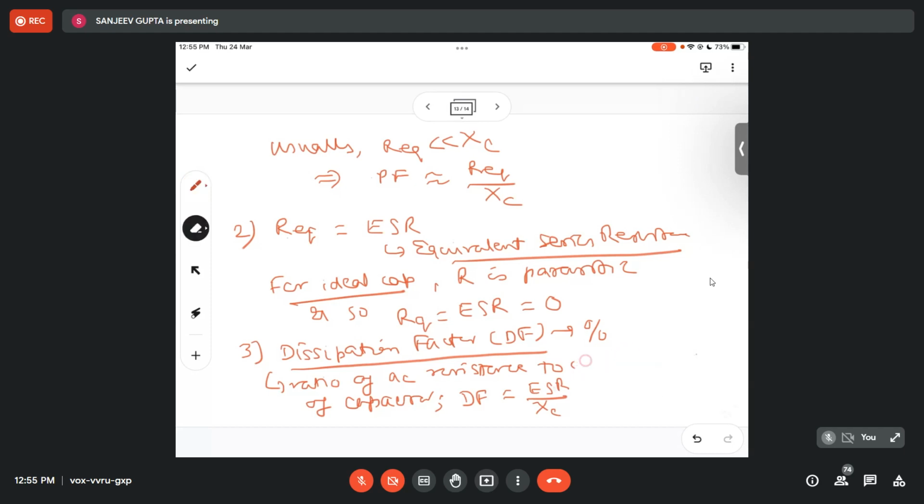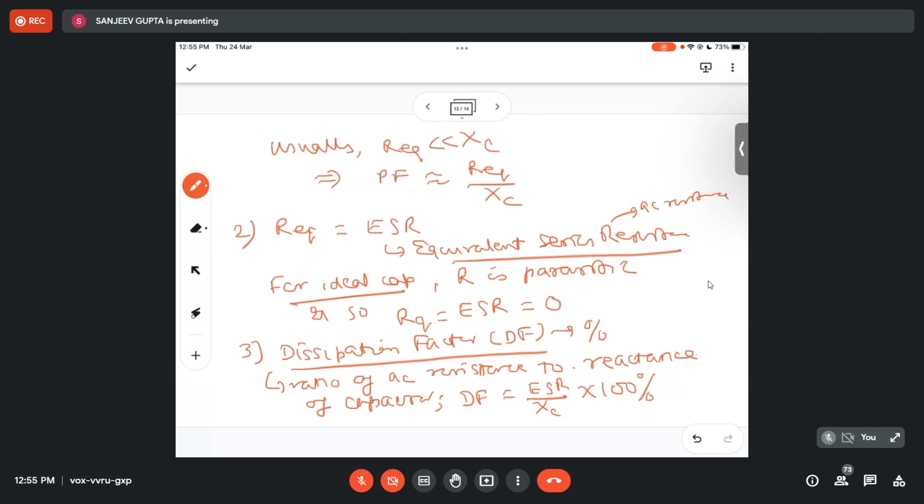Sorry. AC resistance to reactance of the capacitor. And this is also called AC resistance, because it is coming at the higher frequencies. So dissipation factor is defined as the ratio of AC resistance, which is ESR or R equivalent, to the reactance of the capacitor, which is XC. And typically it is expressed in terms of percentage. So ESR or R equivalent. So that becomes another parameter.